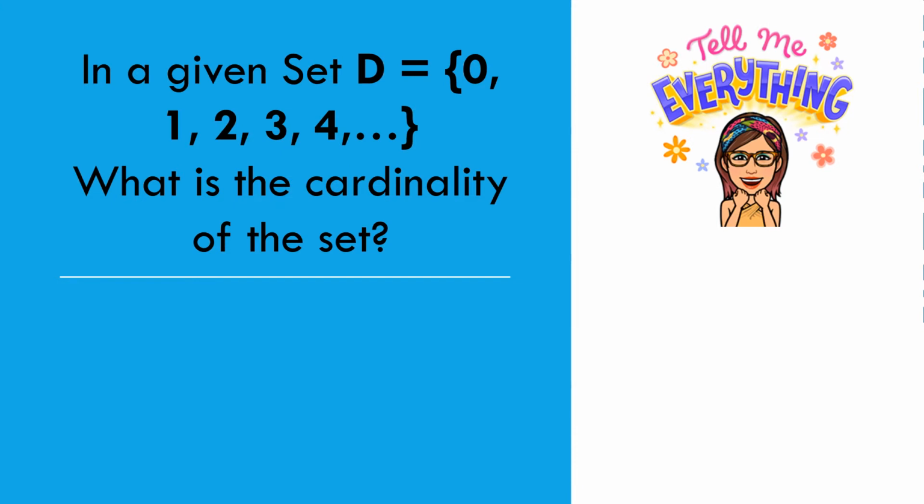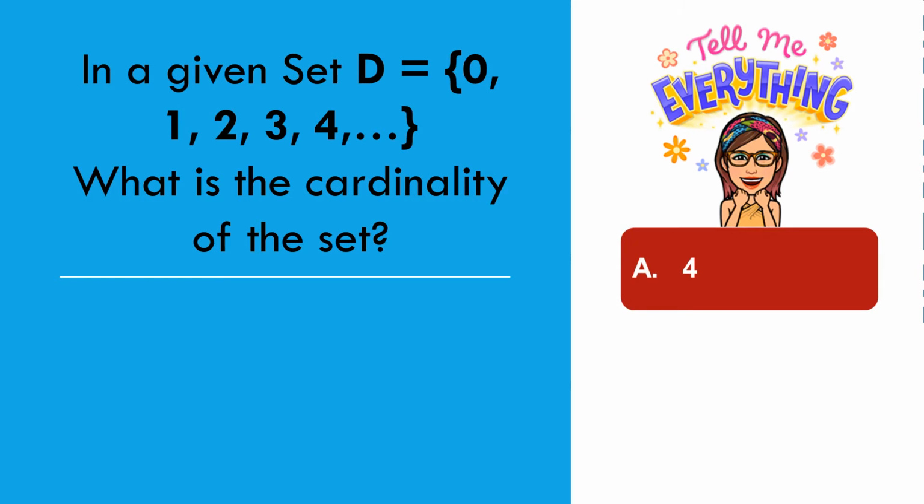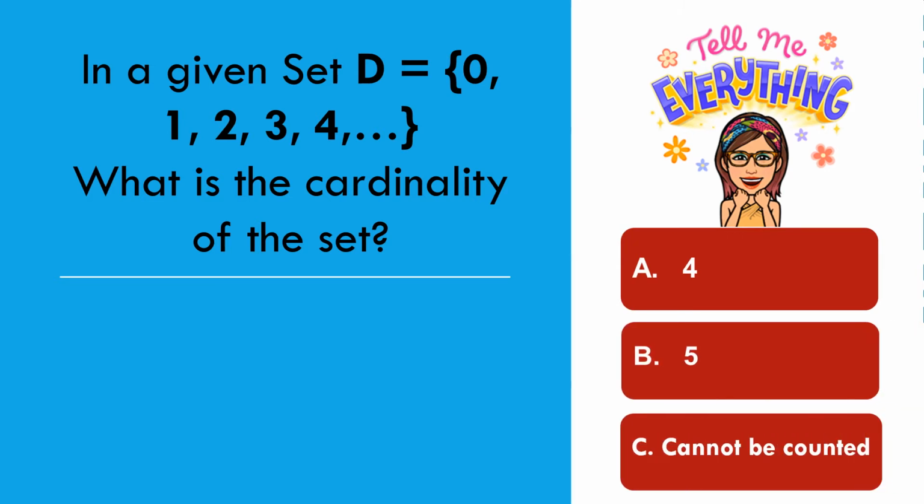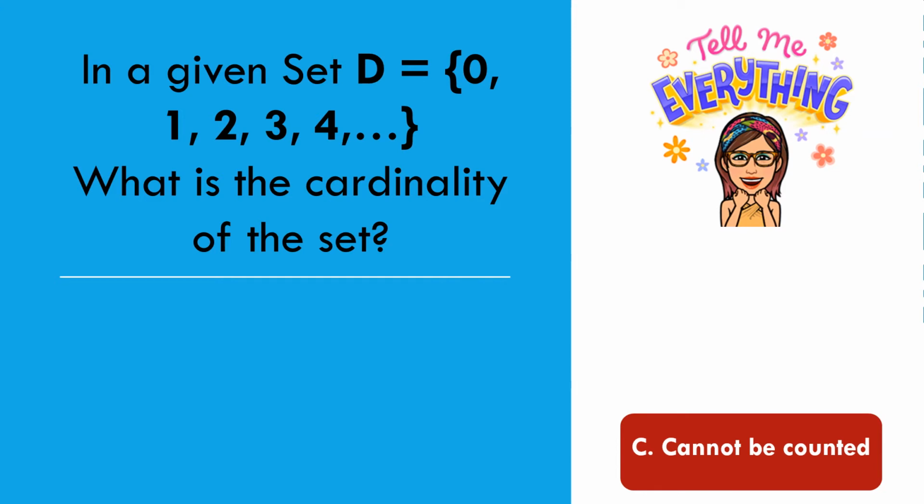In a given set D, the elements are 0, 1, 2, 3, 4, and so on. What is the cardinality of the set? A. 4, B. 5, C. Cannot be counted. The answer is cannot be counted. Why?